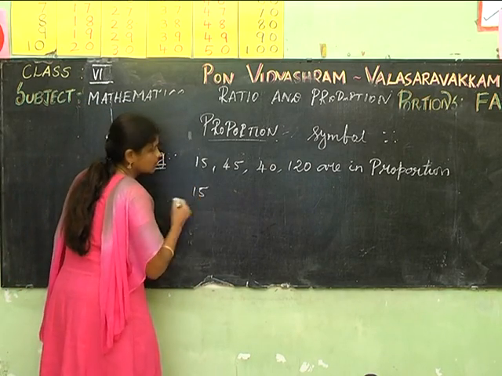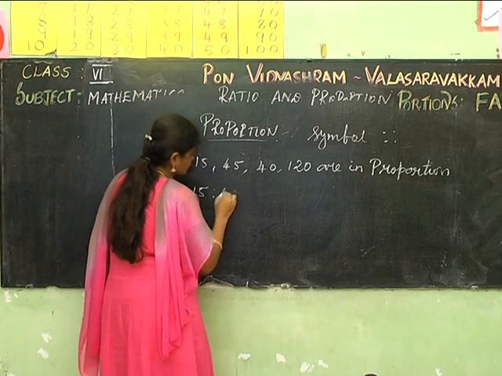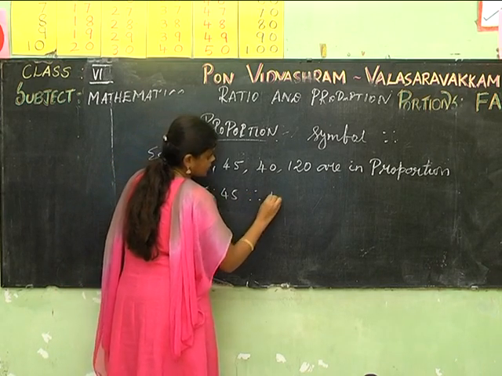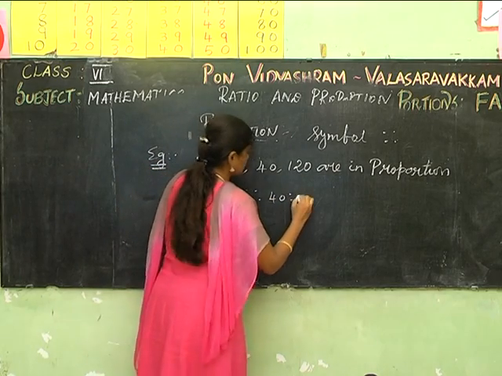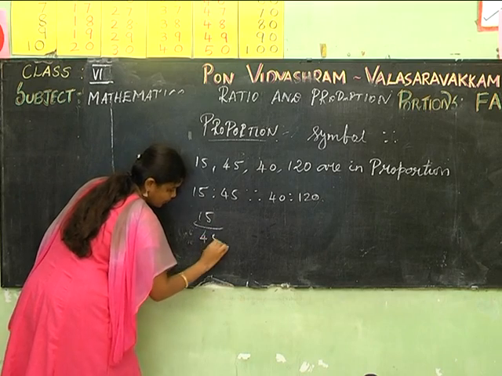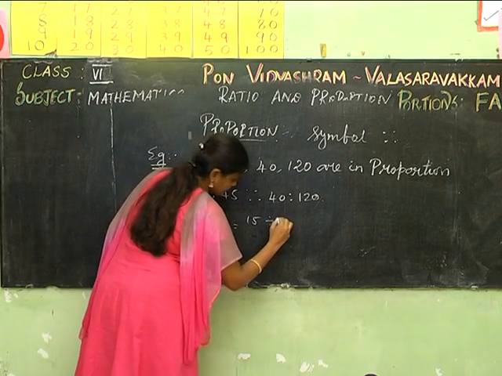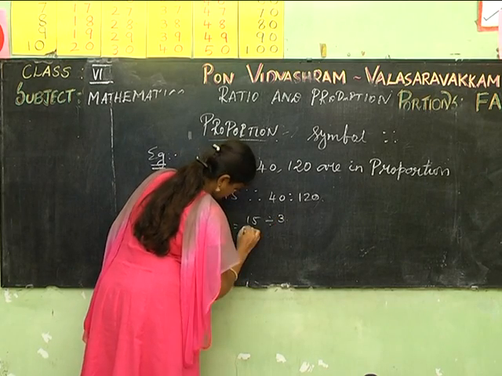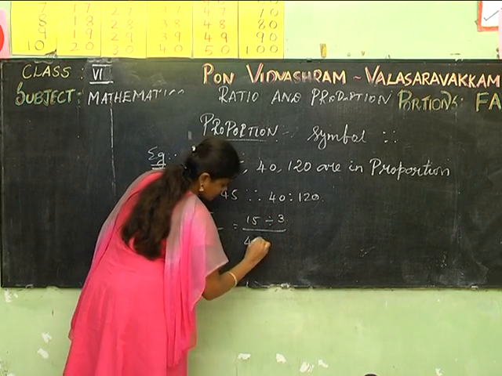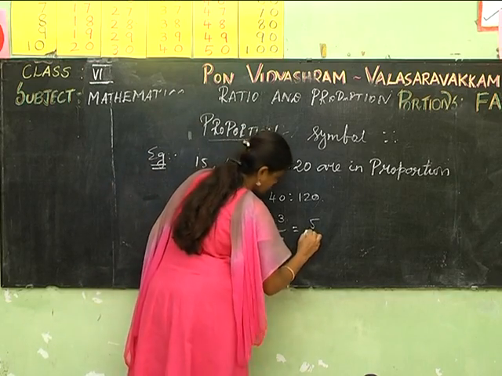So 15 divided by 45. So your answer is 5.